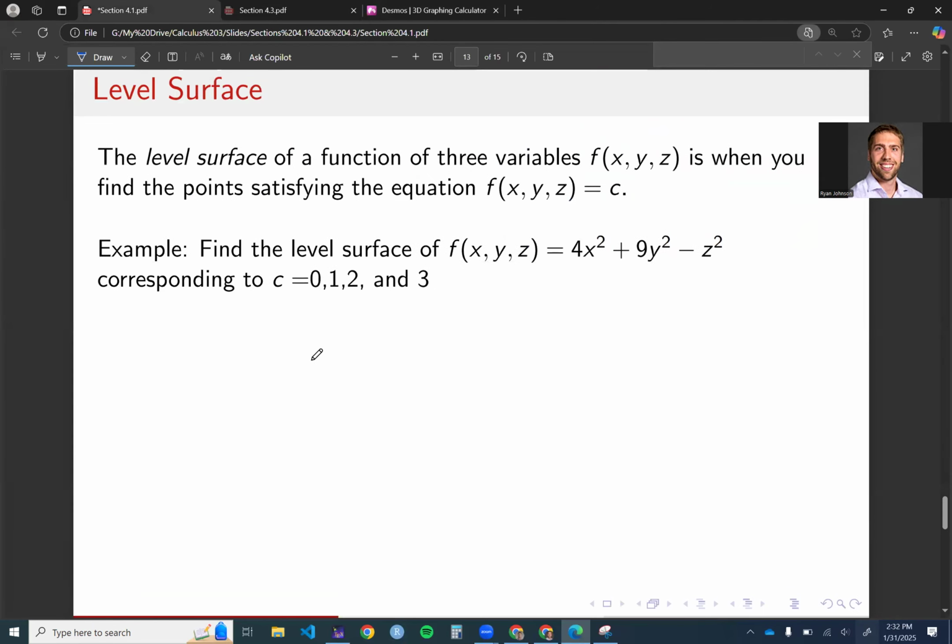Now, when you do level surfaces, when you hold one variable constant, when you've got 3 inputs, notice that when I have 2 inputs, graphing everything gives a landscape. But if I hold something constant, I just get a regular graph in 2 dimensions, right?